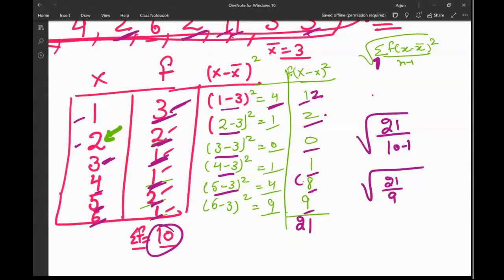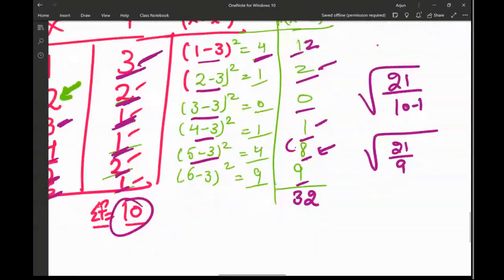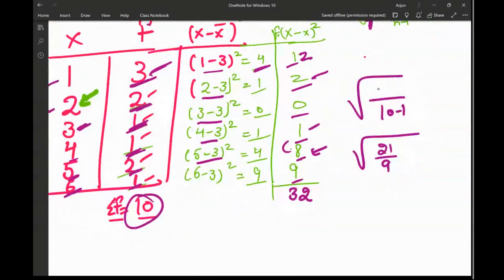So this is 14, 15, plus 8, plus 9, which is equal to 32. See, just a slight error, and pretty much everything was going wrong. But luckily, we were able to figure it out. So this will become 32, and this will become 32 here also, the square root of this number, and that's going to come out to be approximately 1.9.